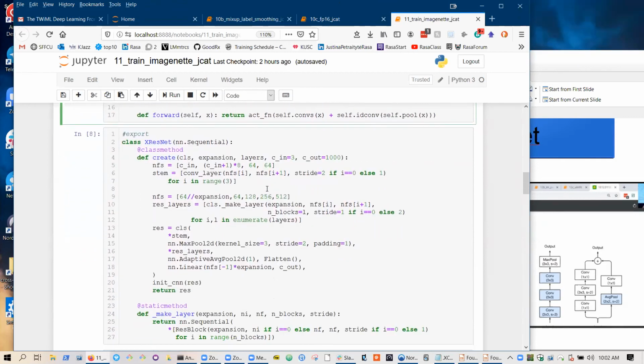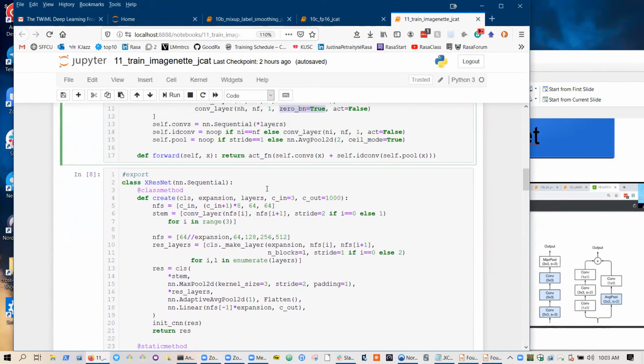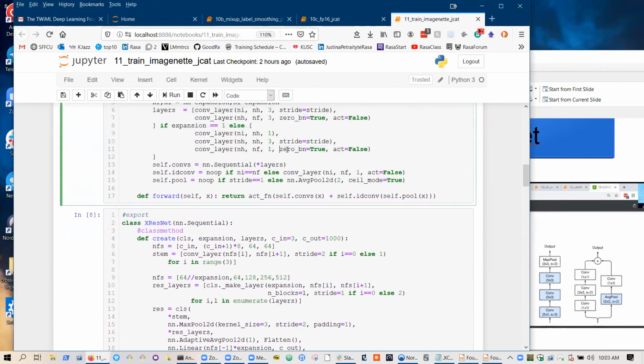So that one is mainly, at least my understanding, having gone through the papers, about the output of the ResNet block. You just want to make sure that when you initialize, you set it up for identity so that the network learns quicker. That's all it is. The 0BN equals true says make the batch norm scaling of the non-bias 0 so that you don't scale, which means basically you're just identity.